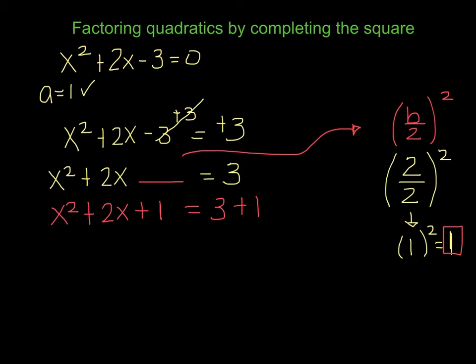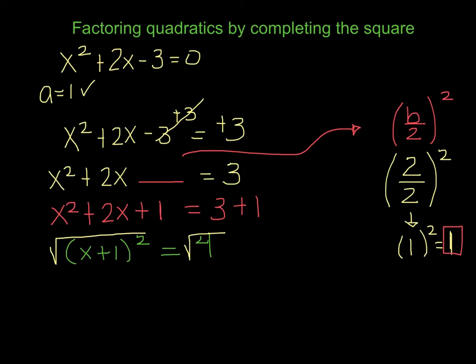You will notice that the left side actually turns into x plus 1 to the second power. And on the right side, I have 3 plus 1 is equal to 4. Now that I've done that, I've made it into a perfect square. So my next step is that I'm going to go ahead and clean it up by taking the square root of both sides.